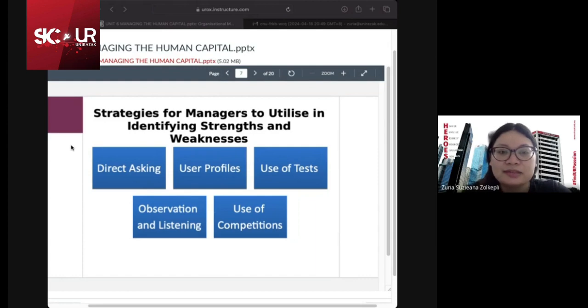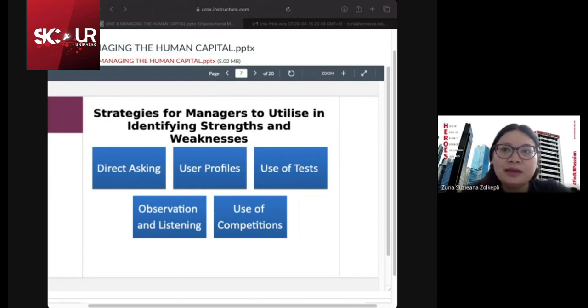But for a test, you ask questions and after that you analyze the answers. During the interview, maybe you can give questions like a dilemma, or situational questions, for them to solve a problem. From there, you can know what their strengths are, and so on.